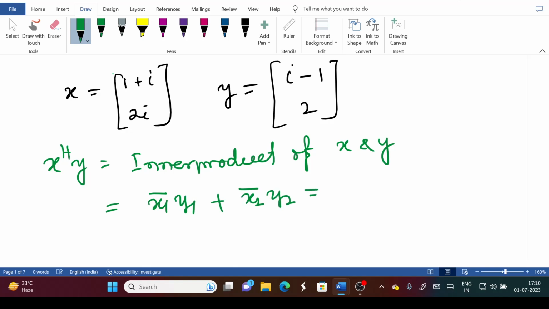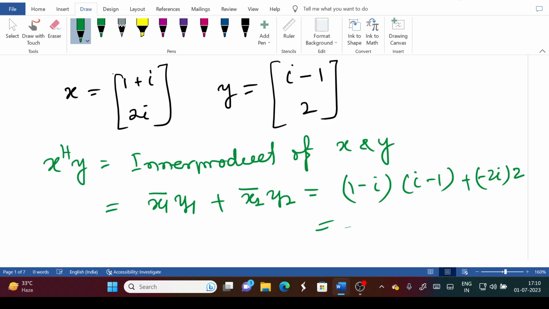What is the conjugate of x1? That is 1 minus i, into y1, which is i minus 1, plus the conjugate of the second component, minus 2i, into 2.